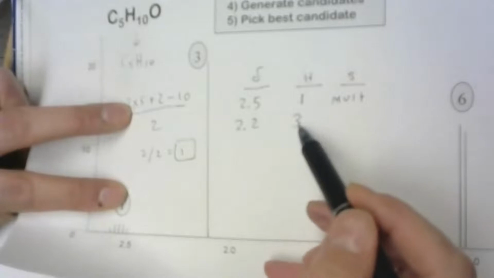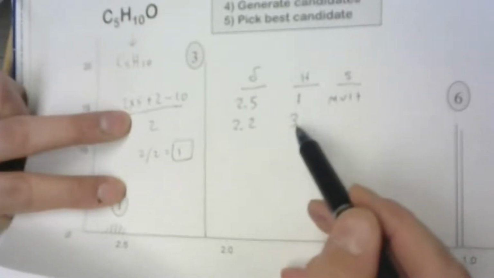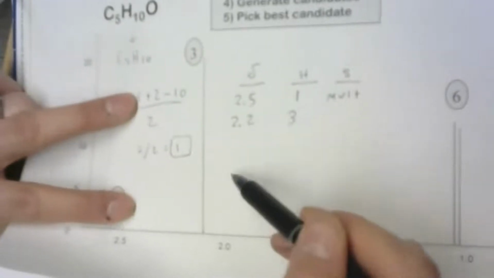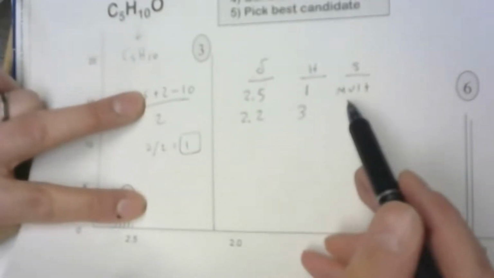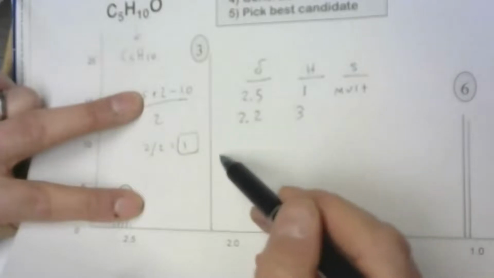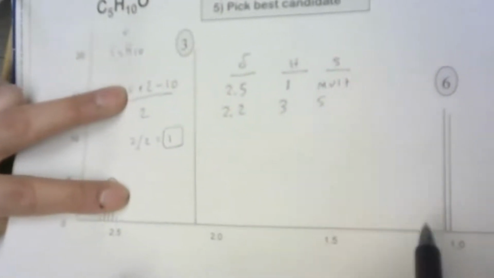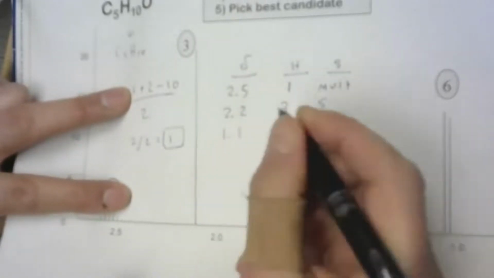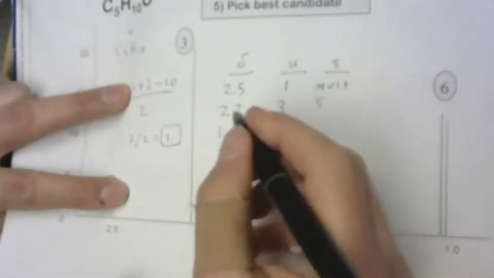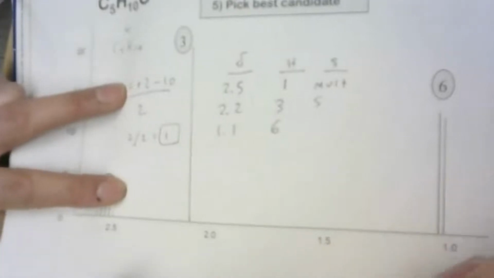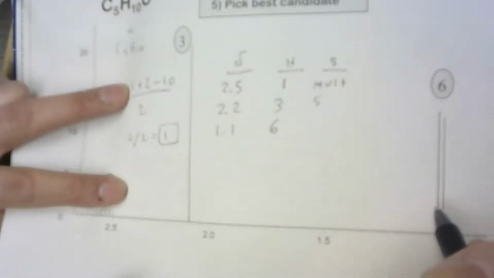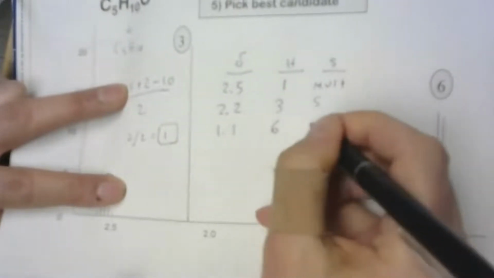It is probably a CH3, but I'm going to deduce that later. And it's a what? What's the abbreviation for a singlet? S, singlet. Then 1.1, how many protons? 6, and what's the abbreviation for that? It's a doublet. D for doublet. Are we cool so far?